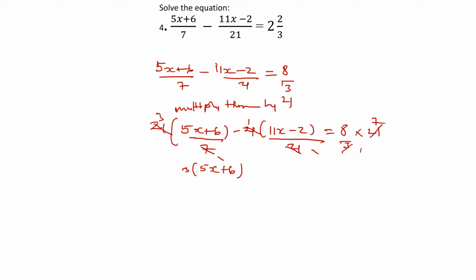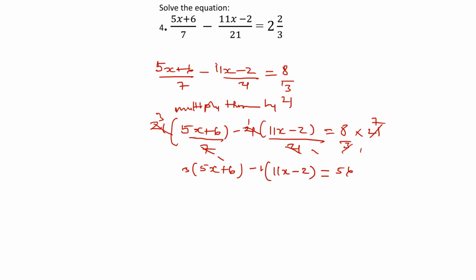Remember here is 1 already. Minus 1 bracket 11x minus 2. You don't need to write the 1, but for understanding purpose I'll write the 1 there. It's equal to 8 multiplied by 7 is 56.